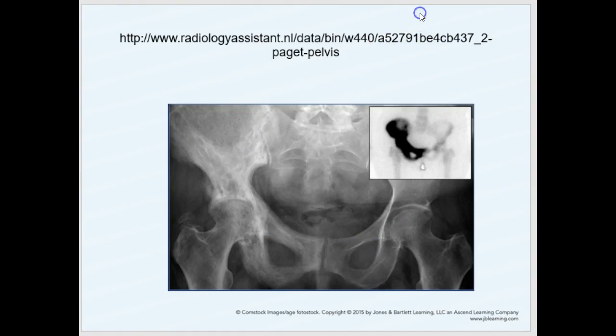What that means is, if you have cotton wool and you pull it apart, it gets that stringy appearance. What they did with this patient is they sent them for a bone scan, and you can see this presentation of overactive bone on this side. But don't forget, even though it's overactive, it's not making the right type of bone. So this patient gets bones that are weak and fragile.